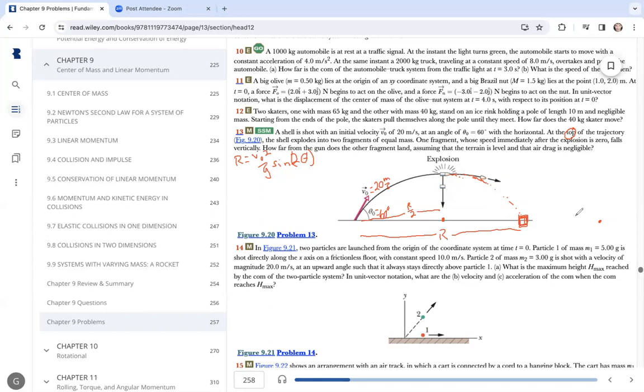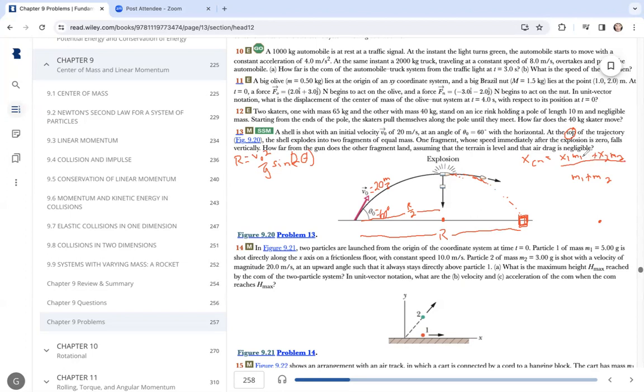And then you can use the fact that the center of mass should not change, right? You can say X center of mass equals X1 M1 plus X2 M2 over M1 plus M2. And it says that they're equal mass, so these are each half the total mass.